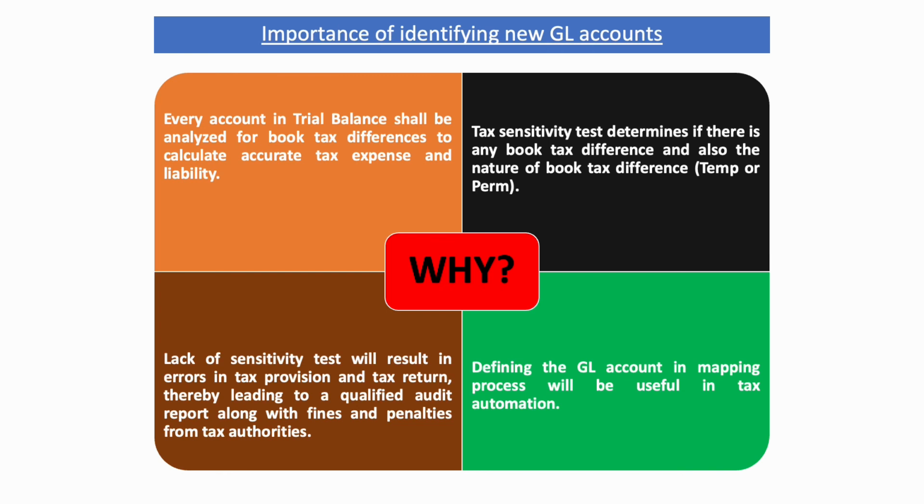Only then can tax automation be of any use, because if your data is garbage, then whatever you automate will be garbage in the end. So it is extremely important to identify the new GL accounts and make sure you are doing all the steps that a tax department should be doing.